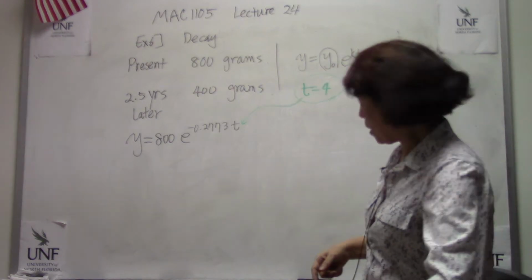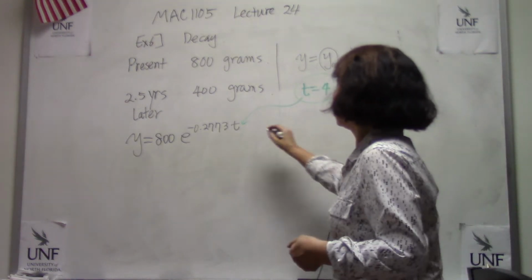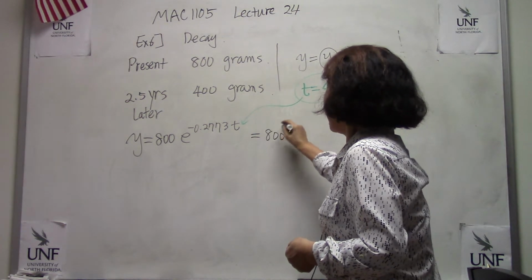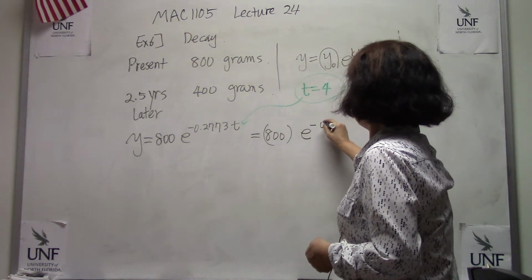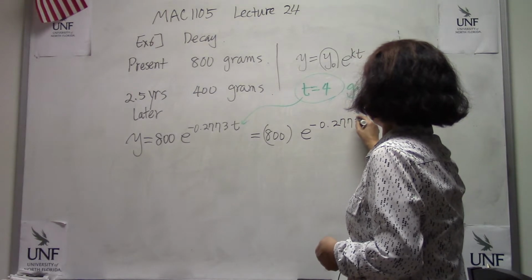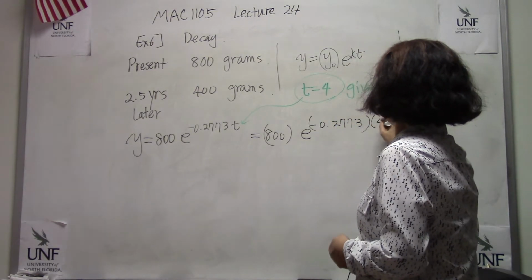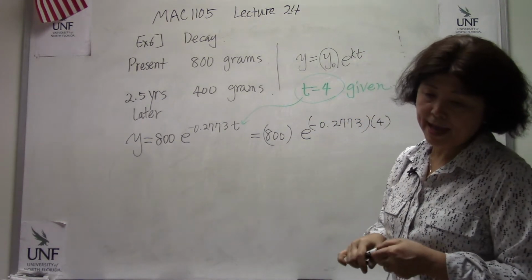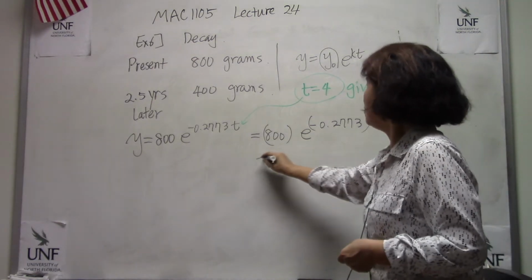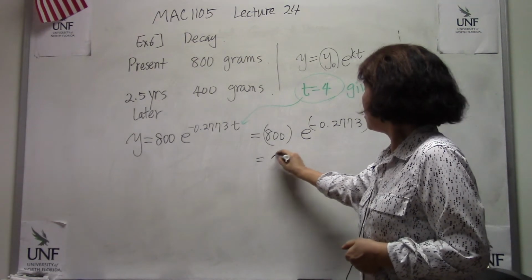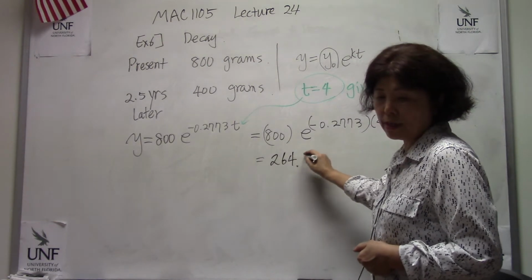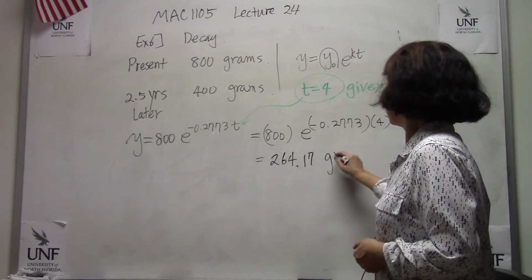We compute 800 times e to the negative 0.2773 times 4. That gives you roughly 264.17 grams.